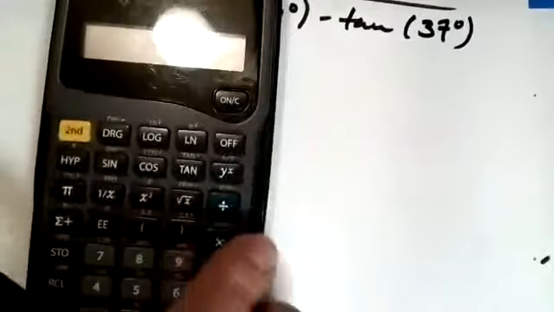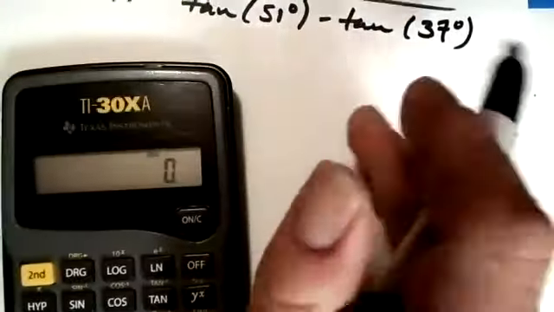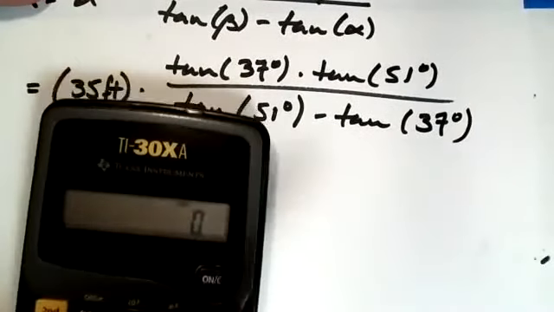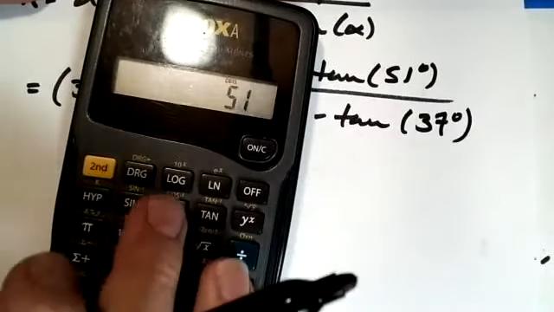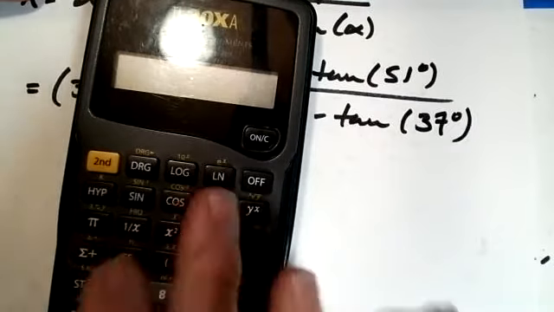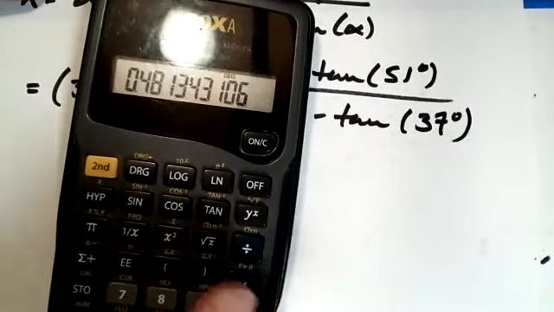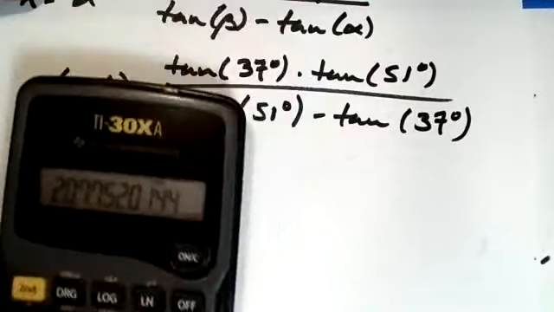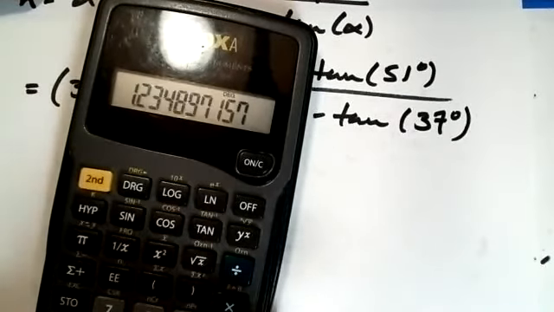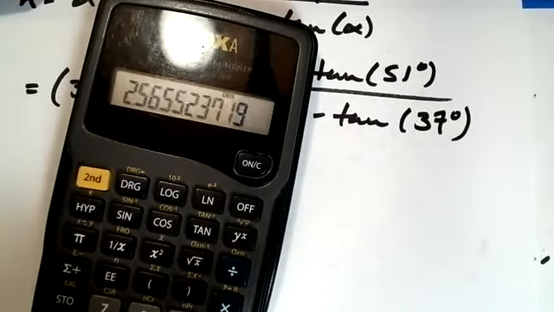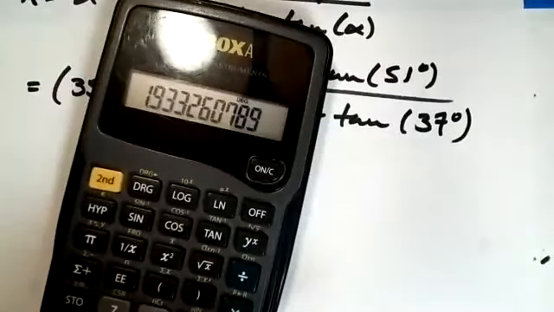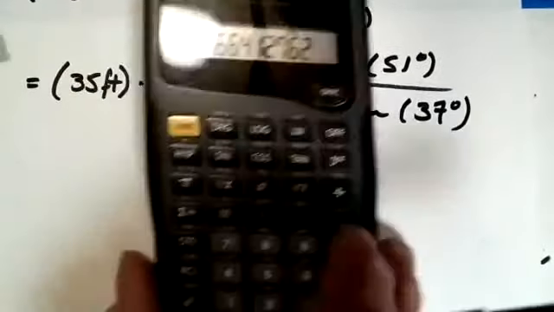So when we calculate this all out, I'm going to start with the more complicated part, the denominator, because there are different operations involved. So 51, take the tangent, then subtract from that the tangent of 37. I'm going to reciprocate that. Now I'm going to start multiplying it by the tangent of 51 times the tangent of 37 times the 35 feet. And there's my result.